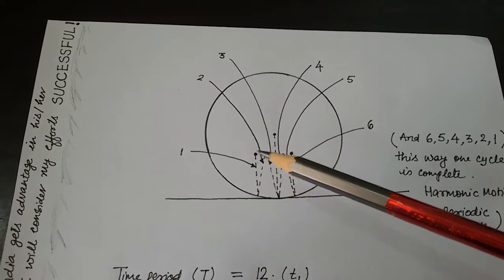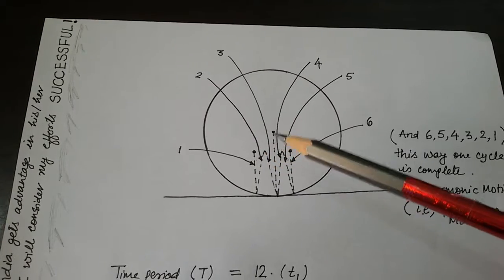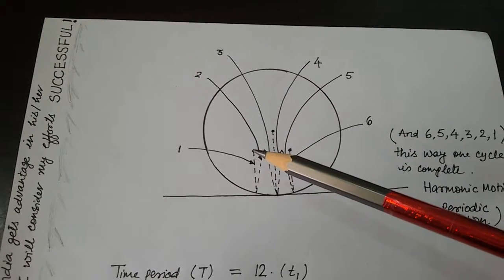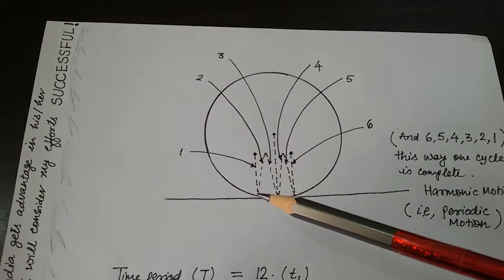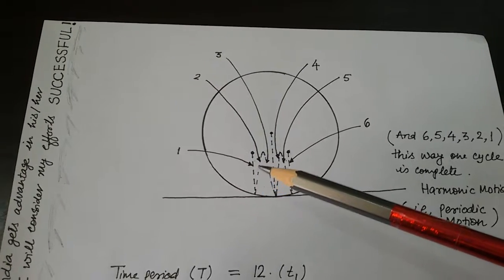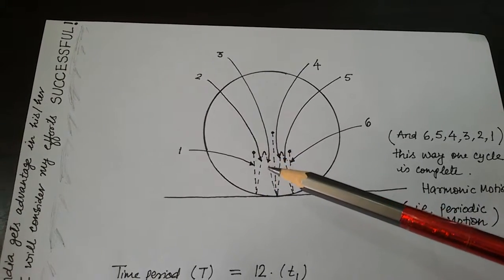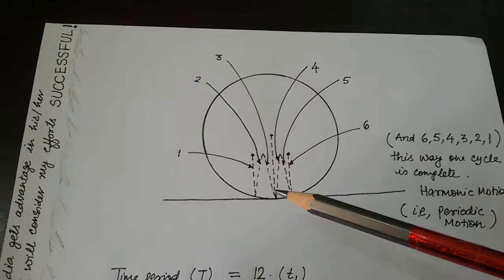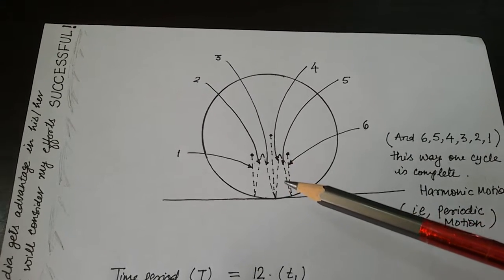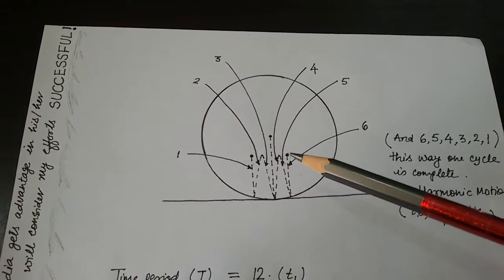See, because this ball is very close to this vertical diameter, when it is released, this ball will strike here. It goes up. On parabolic path, it goes here. Again, projectile motion, it goes here. Then it reaches here.